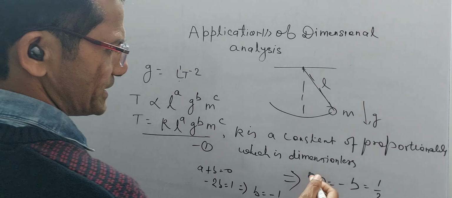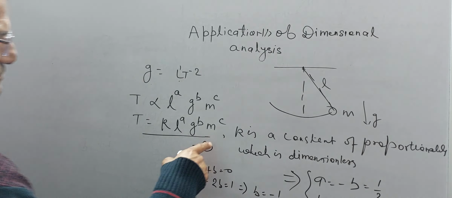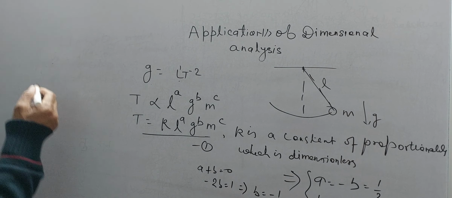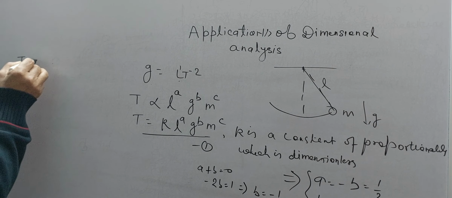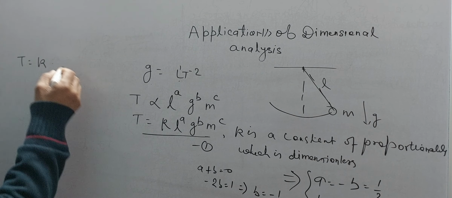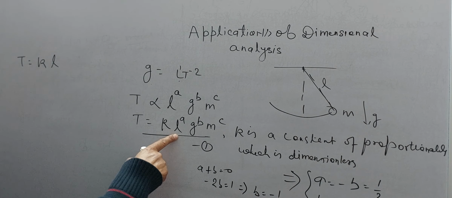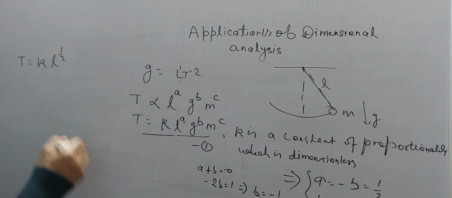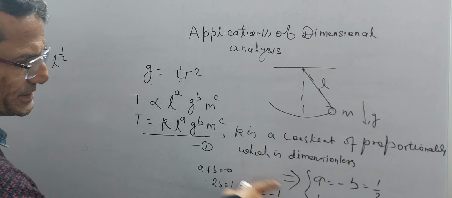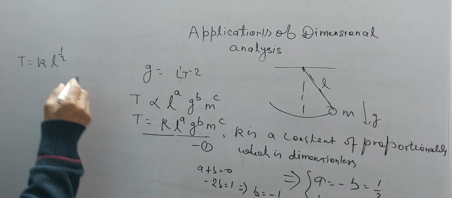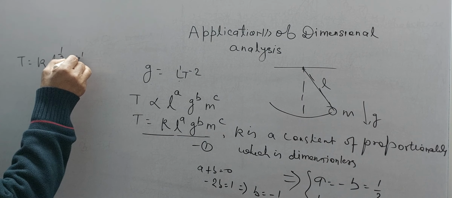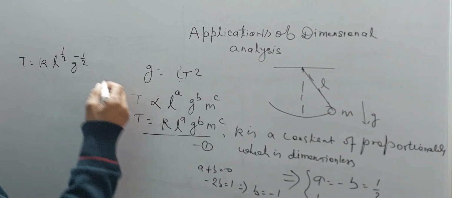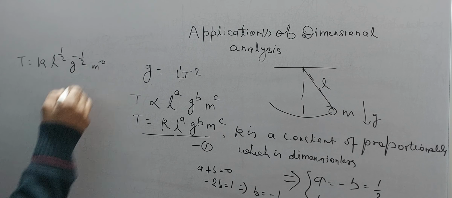Finally, if I place all these values of a, b, c in equation number 1, I will be able to find the value of T. Therefore, time will be K L raised to the power a, which has the value half, and g raised to the power b, here b has the value minus half, so g raised to the minus half, and the value of c equal to 0, therefore M raised to the power 0.